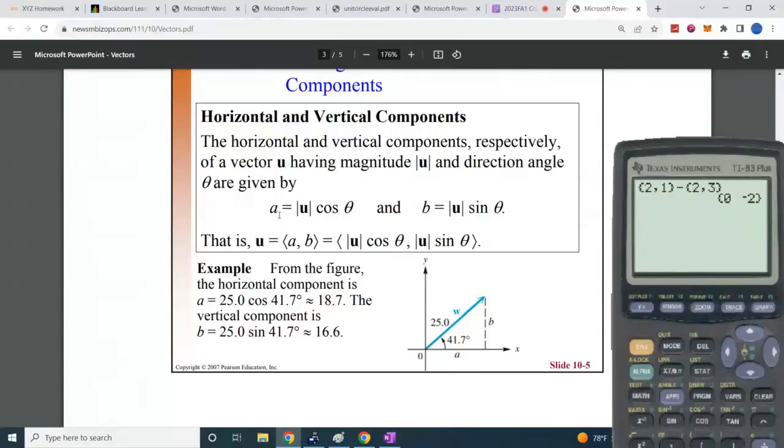A, which is the horizontal component, is equal to the magnitude of vector u times the cosine of theta. B, which is the vertical component, is equal to the magnitude of vector u times the sine of the direction angle. So these are the two formulas we're going to use to write in horizontal and vertical component form.